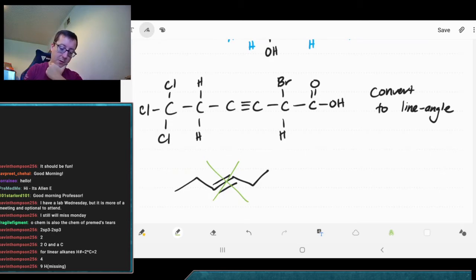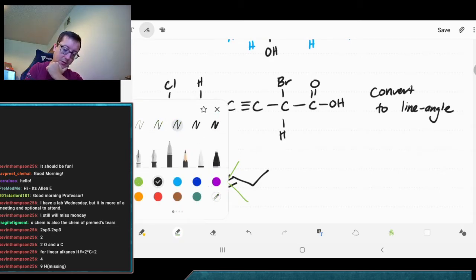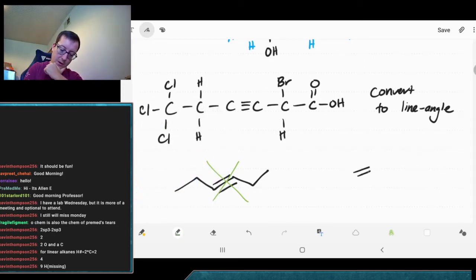And so when we do have a triple bond in a molecule, we can go ahead and draw it. But everything coming out of that triple bond must be 180 degrees apart. So we have to keep the geometry there.